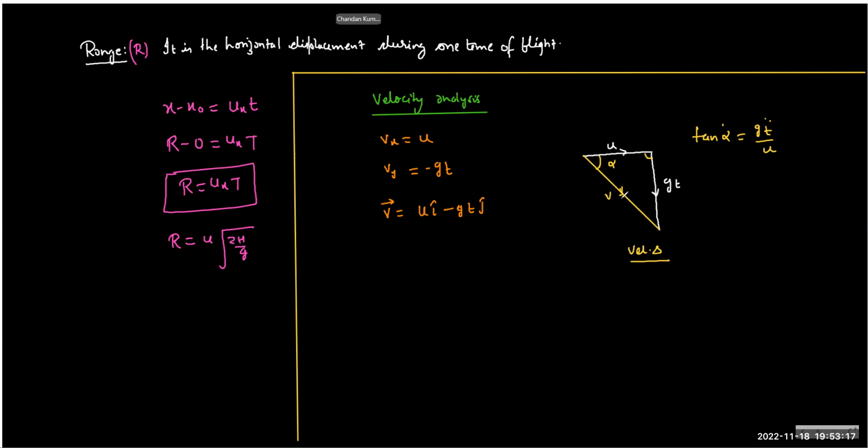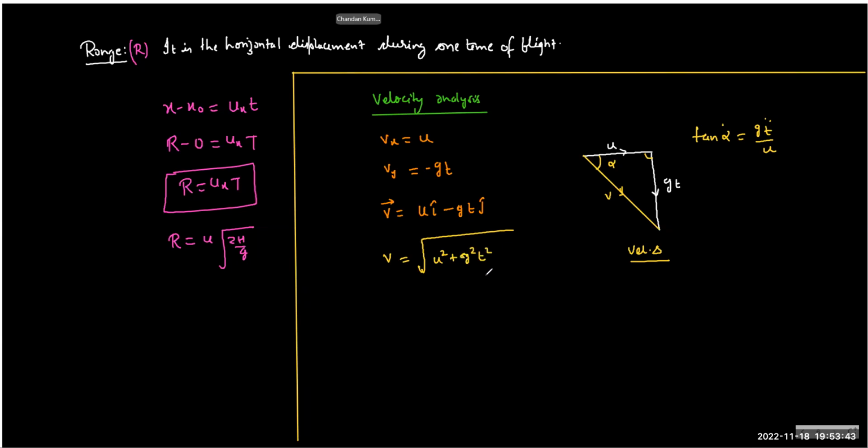The hypotenuse is of length V, the base is of length u, the perpendicular is of length gt. So what is the modulus of V? Either you can add the vectors or use the triangle directly. V equals how much, guys? You can use Pythagoras also: root of u square plus gt square.